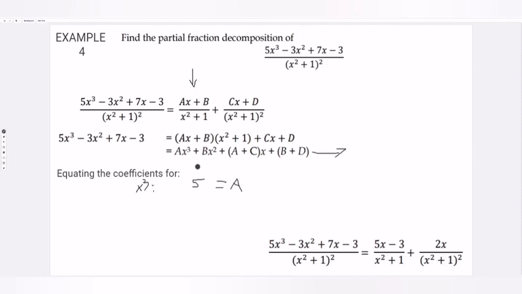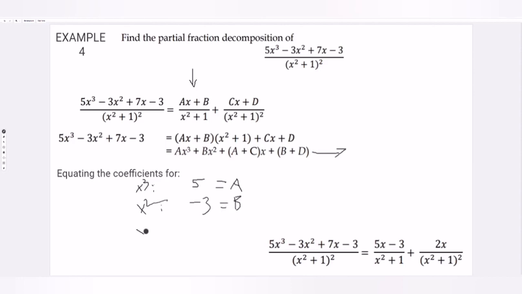So this is already the value for a. In terms of x squared, we have -3 equals b. So this is already our value for b.